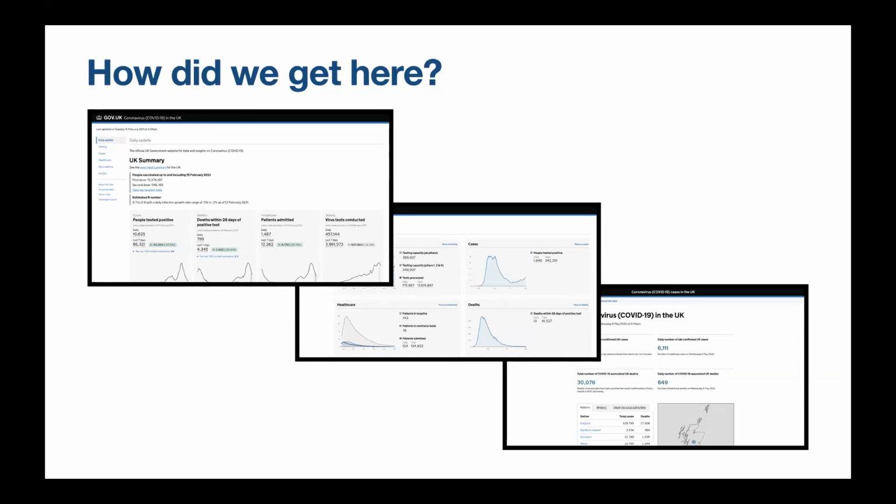We did already have a service. We just needed to redesign it and rethink it in a sense, and make it possible to accommodate more data in a more user-friendly way.